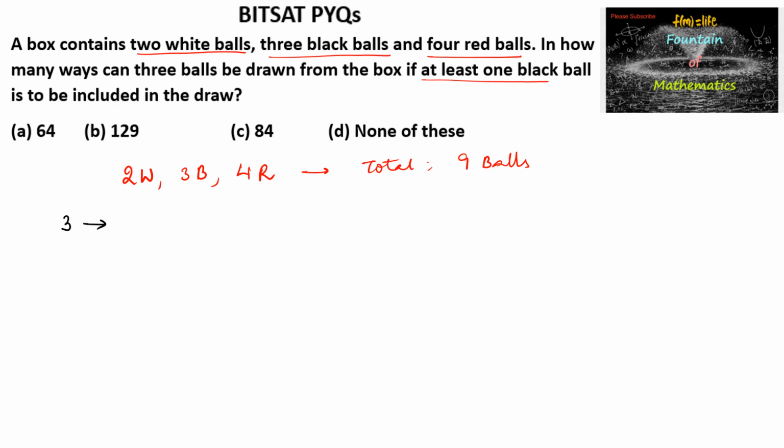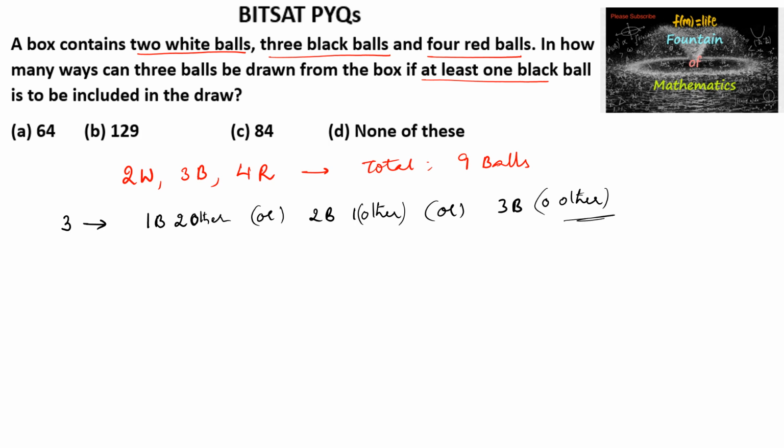So these 3 can be taken as one black ball and 2 other balls, meaning either white or red, or 2 black balls and one other ball, or 3 black balls and 0 other balls.